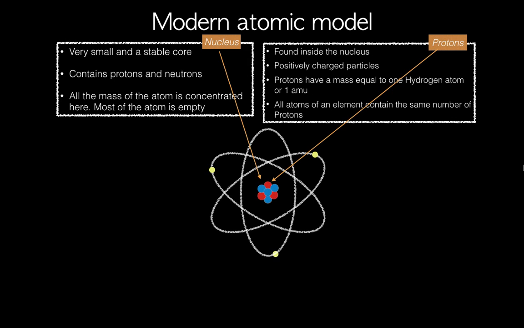All atoms of an element contain the same number of protons. In other words, the number of protons in the atom defines what element it is. For example, what you see here has 3 protons. So it is a lithium atom.